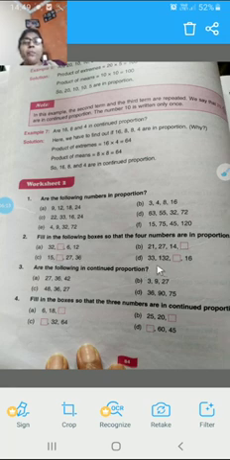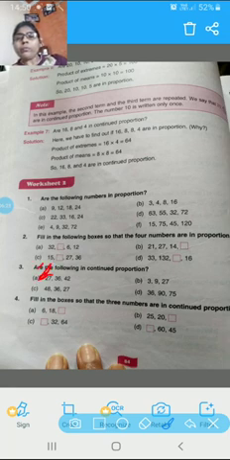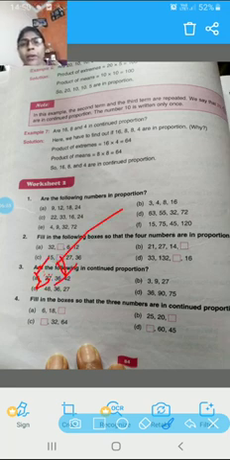There are 3 parts. Question number 3: Are the following in continuate proportion? Now what do we mean by continuate proportion? Whenever we are talking about continuate proportion, the middle number, look, if I give you numbers, 27 is said to be the first number, 36 is the second number, and then 42 is the third number.